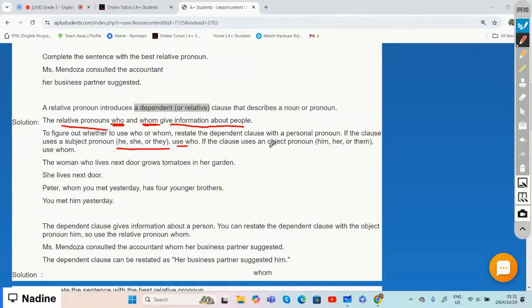And if the clause uses an object pronoun, him, her, or them, then we use whom.